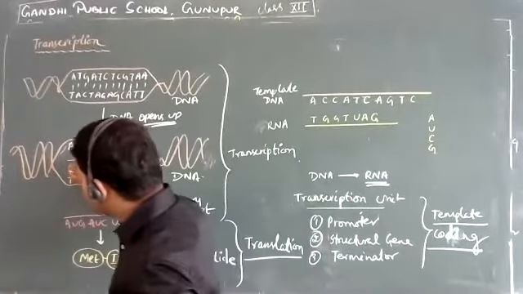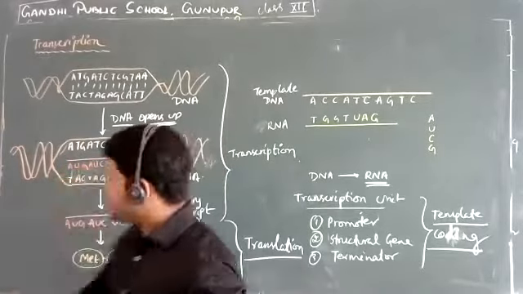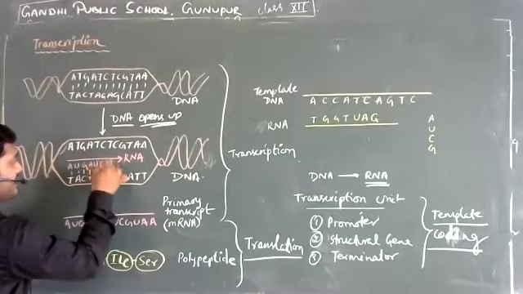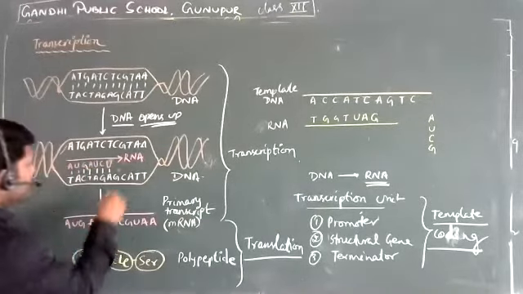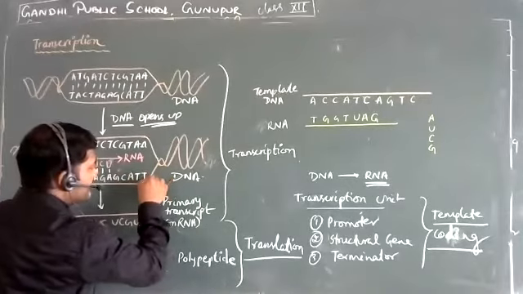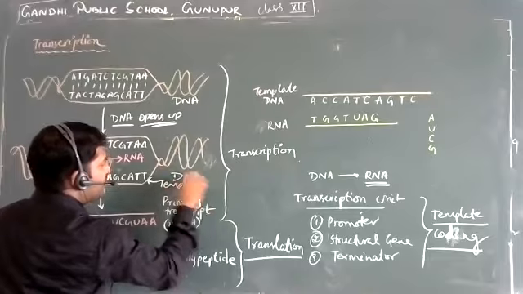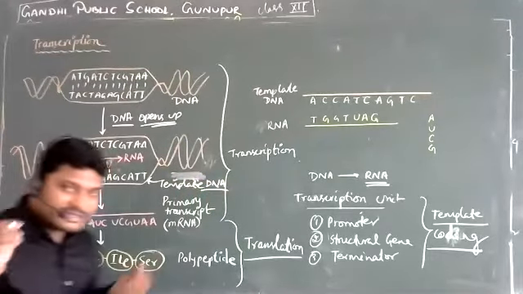A is going to be bonding here, base pairs, A with U, and C and G, A, T, UA, CG, UA, and the process continues. So this particular strand that we are talking about here acts as the template DNA. Agree?